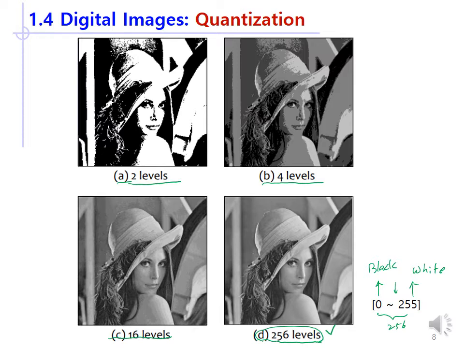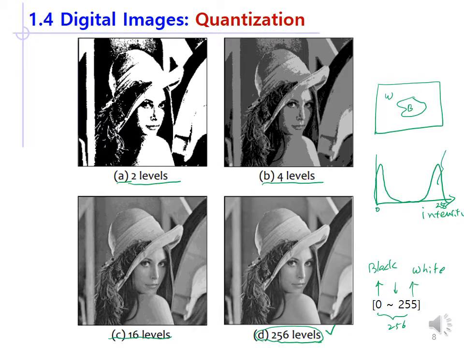The 2-level image is usually used to recognize some object. If we have an image like this, and here is an object, the histogram of the intensity is from 0 to 255. This is black, this is white. So there is a histogram like this.